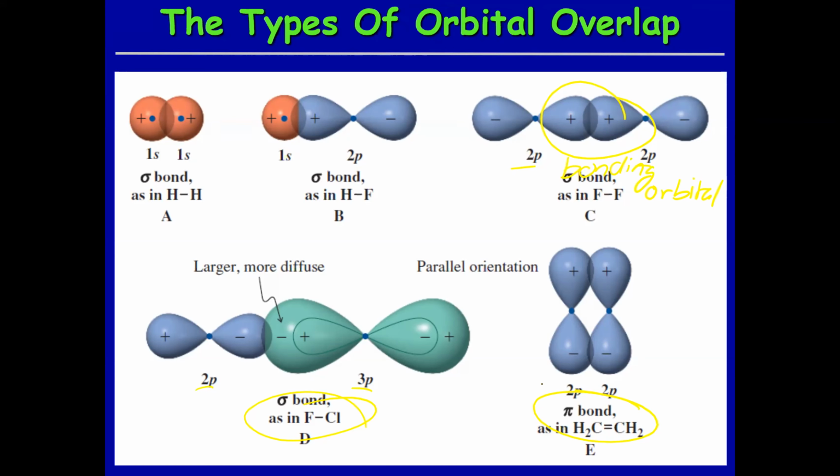So the 1s orbital, when you mix H2, H2 would have bonding and antibonding, but the 1s itself, we normally give it a positive sign.